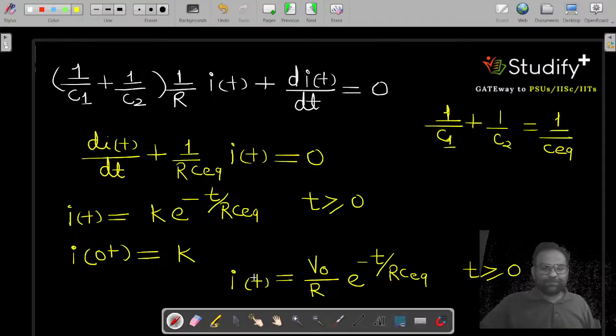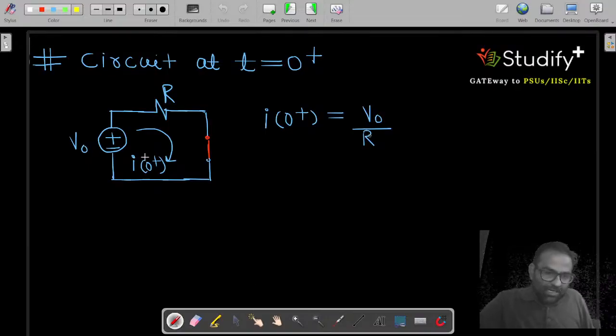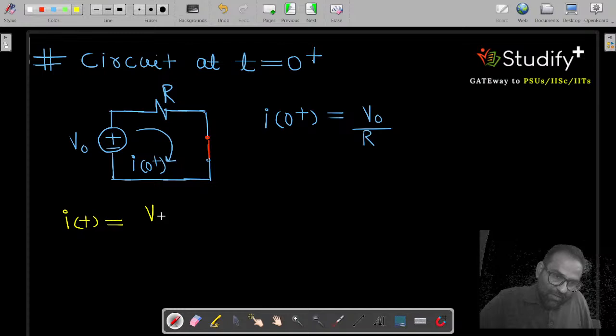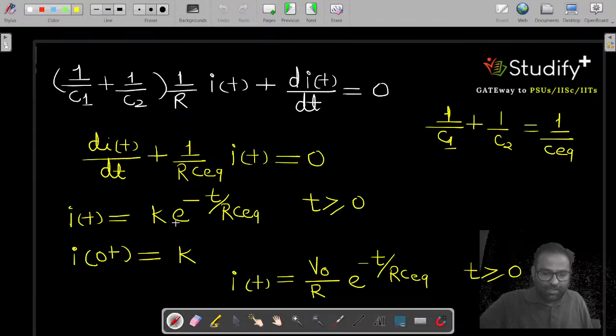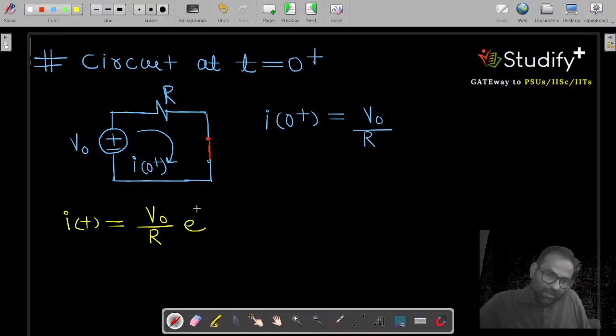So can I say the current across the capacitor I(t) can be written as V naught by R into e to the power minus t divided by R into C equivalent for t greater than or equal to 0.